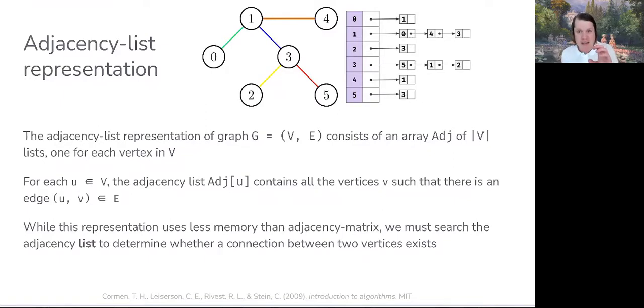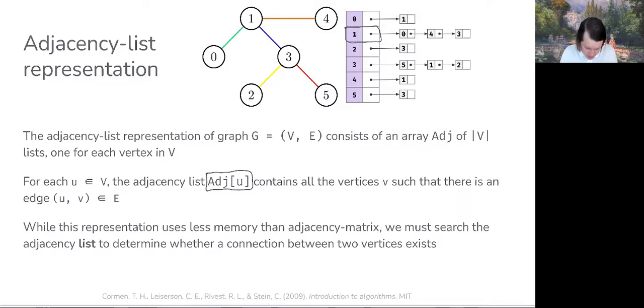So in that list, if we want to see who's adjacent to vertex 1, well, we could go to that location in our adjacency array to get access to 1's adjacency list. Once we've got into that list, we could begin looking at each entry that exists.